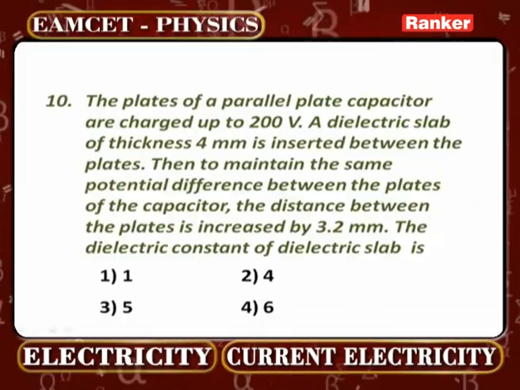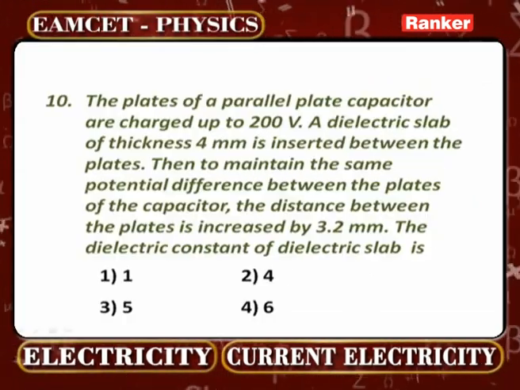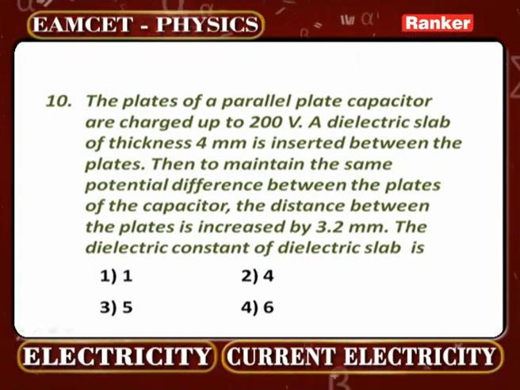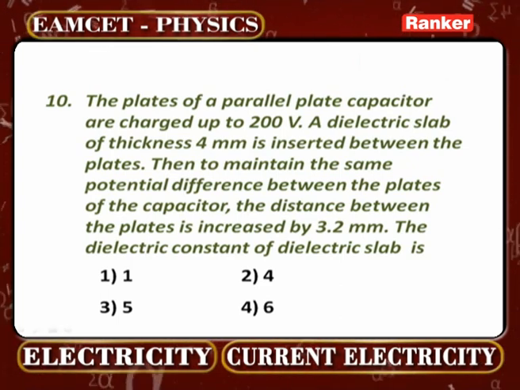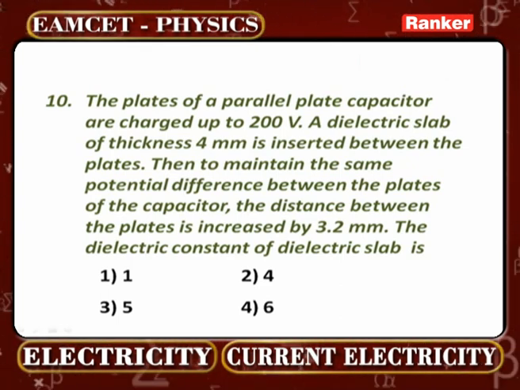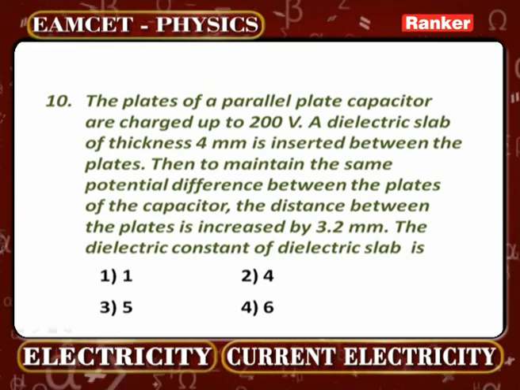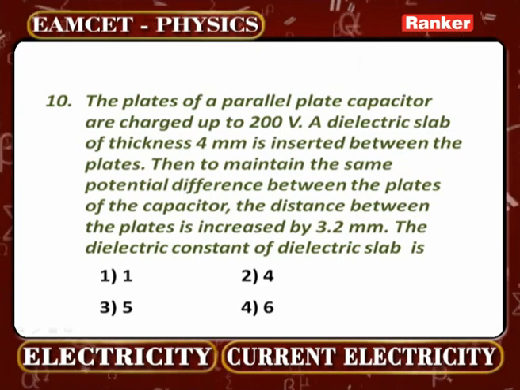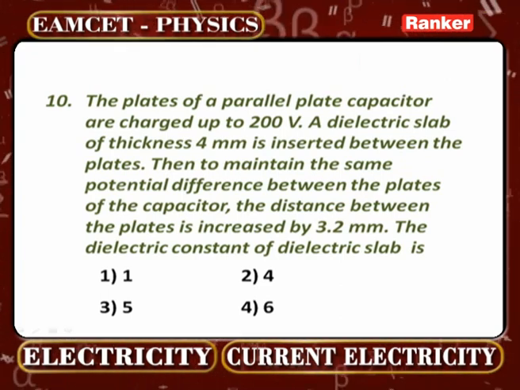If you look at the plates of a parallel plate capacitor, they are charged up to 200 volt. A dielectric slab of thickness 4 mm is inserted between the plates. Then to maintain the same potential difference between the plates of a capacitor, the distance between the plates is increased by 3.2 mm. The dielectric constant of dielectric slab is how much? That is the concept.